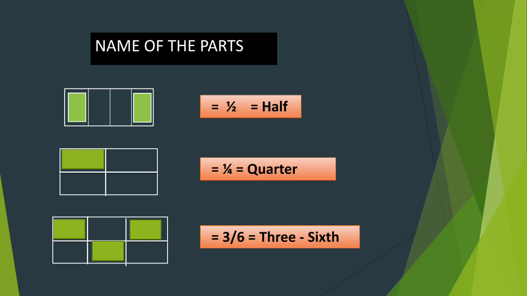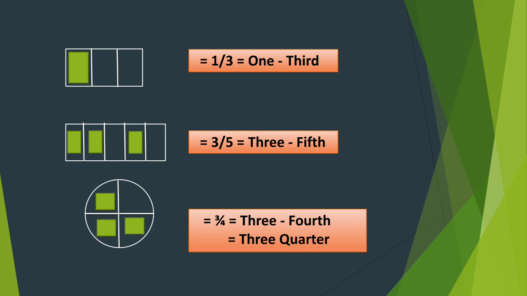Total 4, first one 2 green color, that is total 4, 2 colored green, that is half of total pieces, 1 by 2. Next one, total 4, 1 green colored, 1 by 4, quarter. Third one, total 6, 3 green colored, 3 by 6, 3 sixth. 1 third, total 3, 1 colored green.